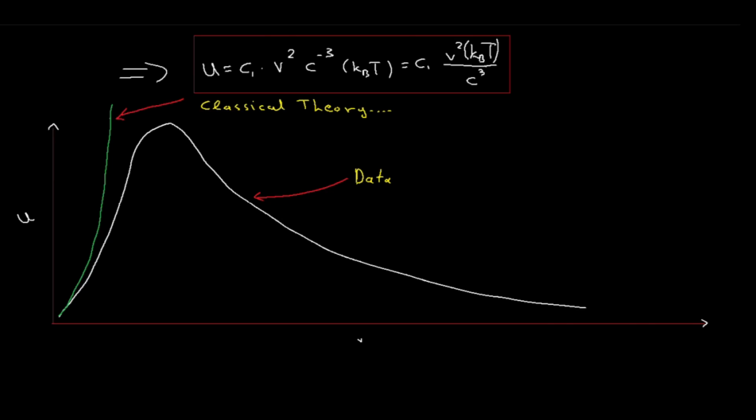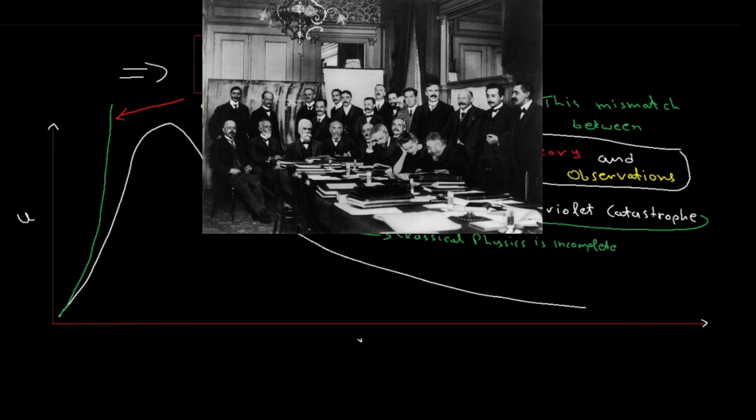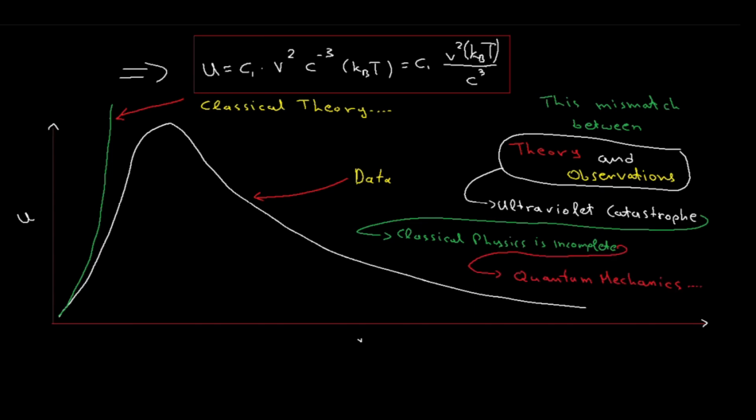This became known as the ultraviolet catastrophe. It was one of the major clues that pointed the great scientific minds at the turn of the 20th century to the idea that the classical physics framework did not provide the complete picture of physical reality. We needed new physics, and that new physics was quantum mechanics.